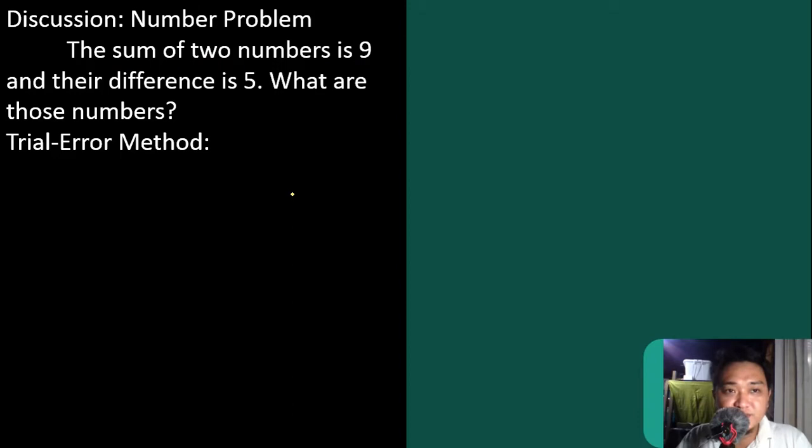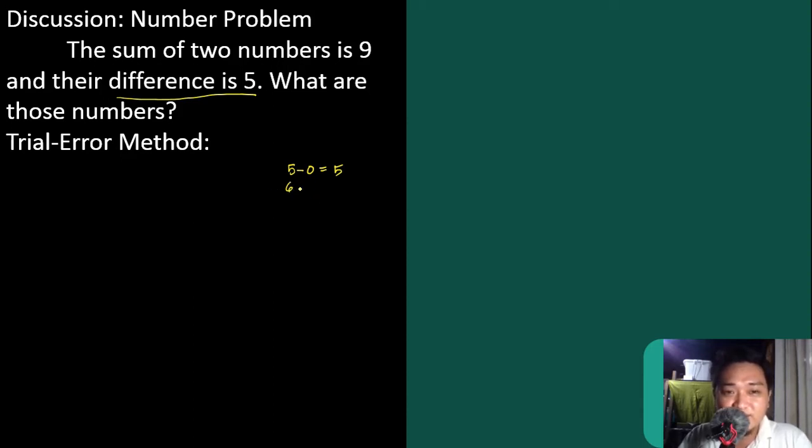Now let us try to discover those numbers which have a difference of 5. Okay, so we'll start with the very small number. Let's say 5 minus 0. Bakit? Kasi 5 minus 0 is 5. Ito yung hinahanap natin, difference is 5. Those pair of numbers na pagka sinubtract mo, ang result niya is 5.